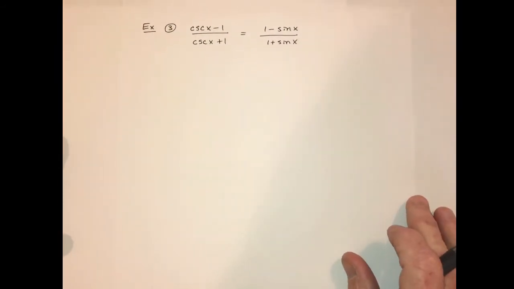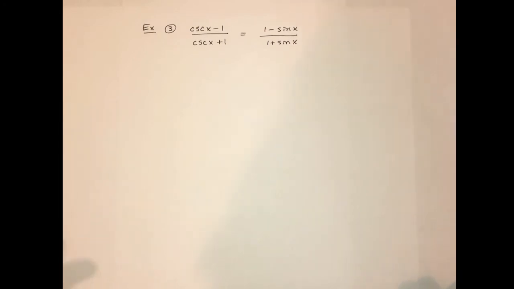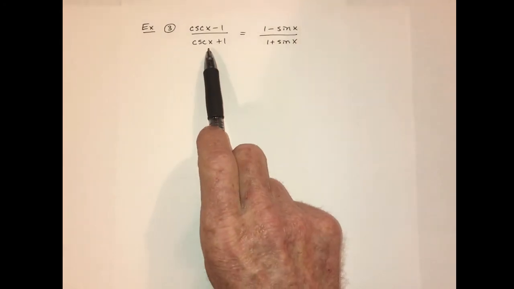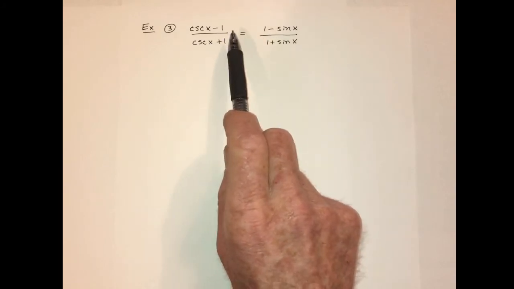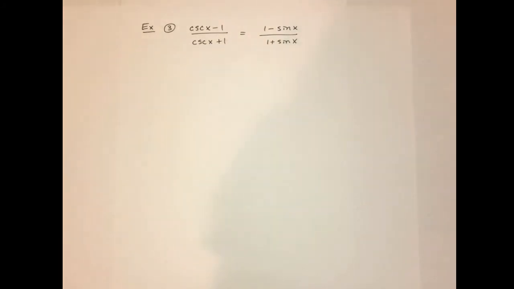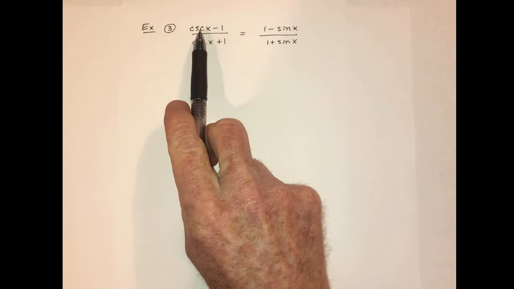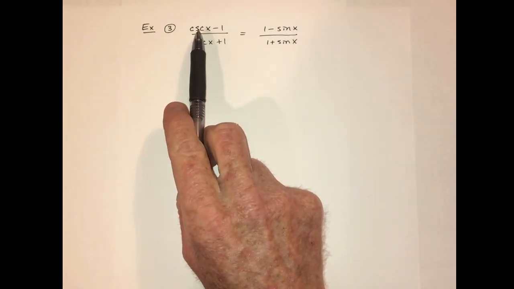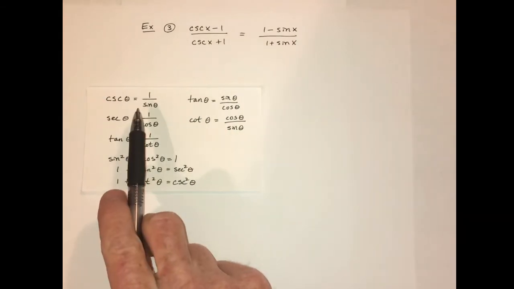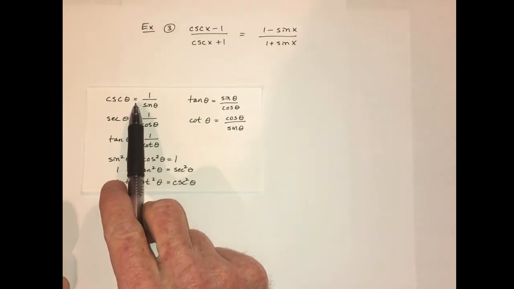And then for number 3, so with this one, the two sides look basically the same. It's trig function plus 1, trig function minus 1. But I think I'm going to start with this side because cosecant is equal to 1 over sine.